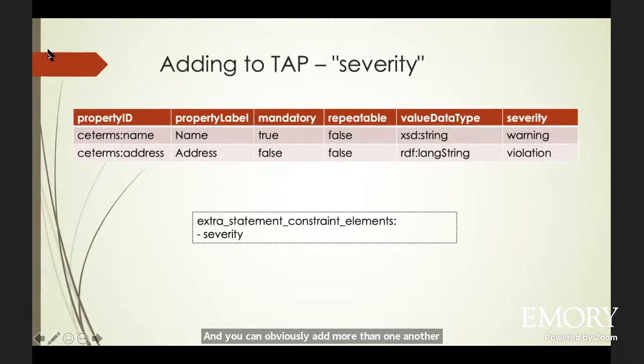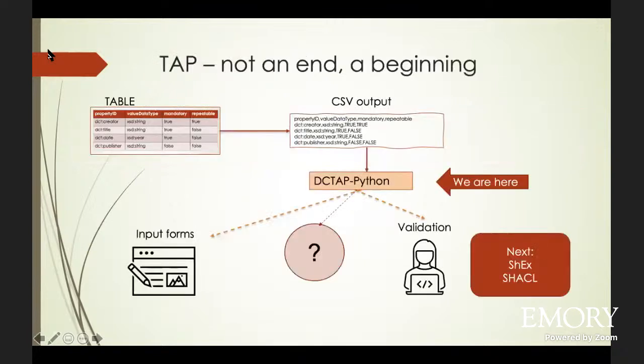Another one that has come up is for those people using SHACL, who would like to say within the application profile what the severity is. As I said, DCTAP is not an end, it's a beginning, and we see it as a friendly step one for people working with their metadata and wanting to create application profiles, and then this data will be reused elsewhere.